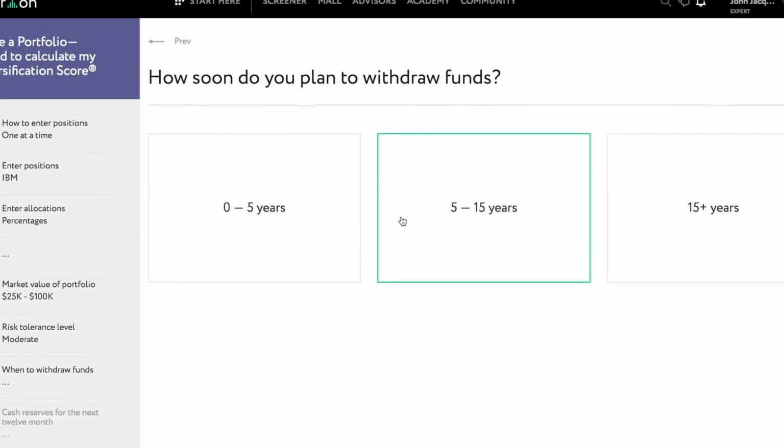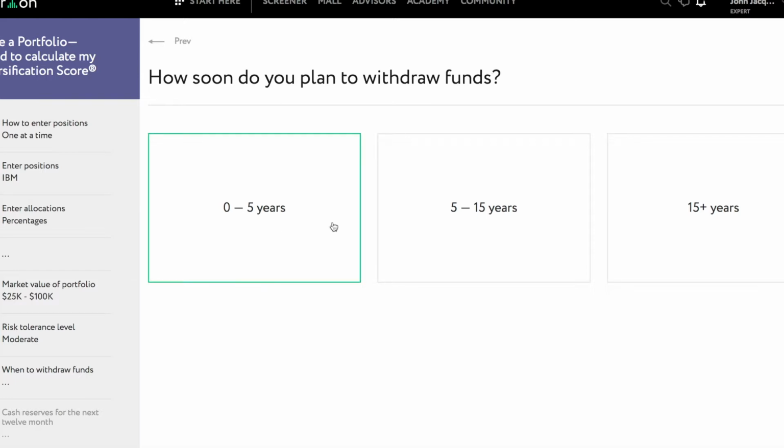This step is pretty self-explanatory. How soon do you plan on withdrawing funds? This means after how many years do you plan on taking money out of your portfolio? For example, let's say we're a long-term investor, so we're going to wait at least 15 years.